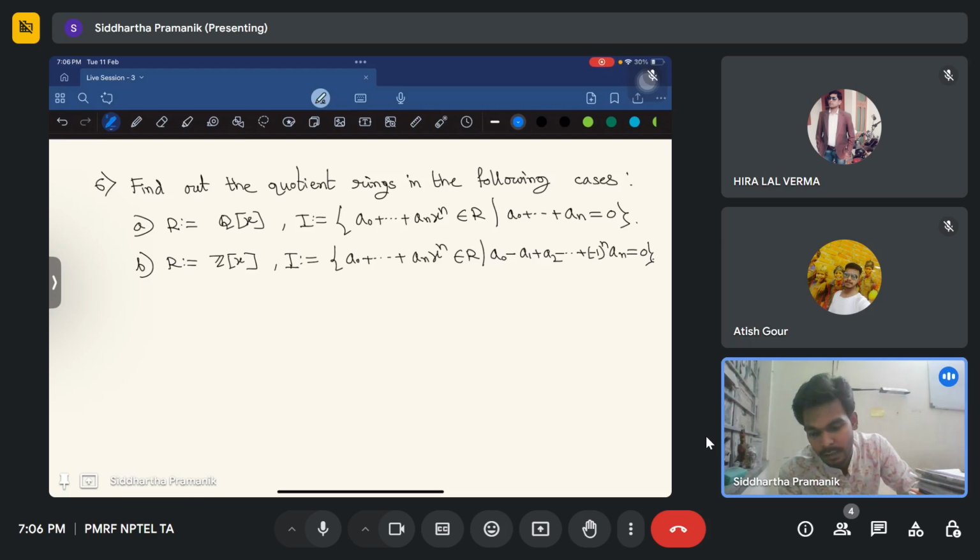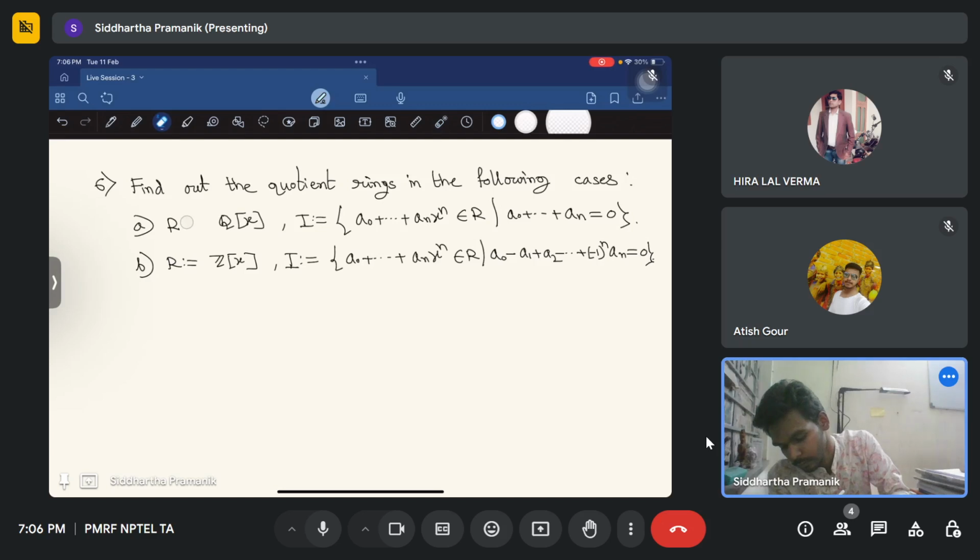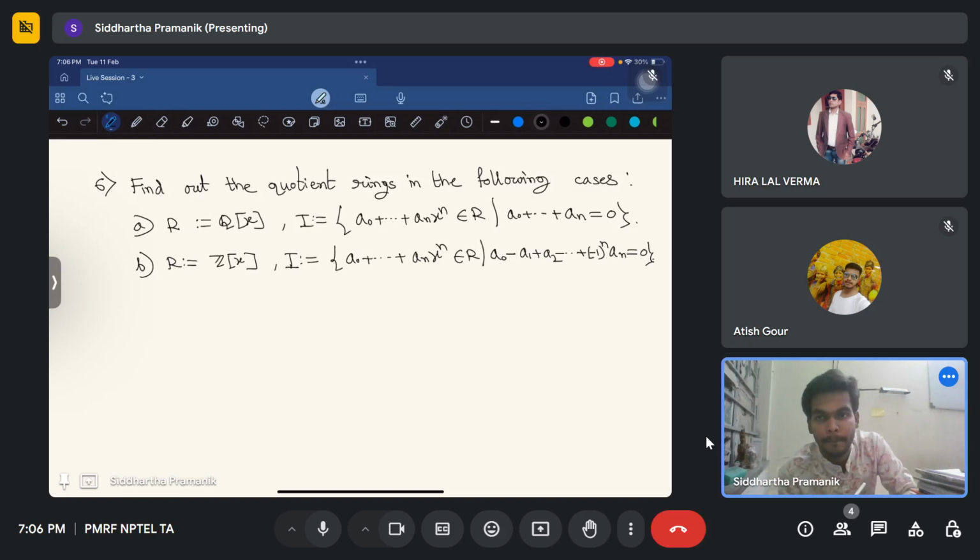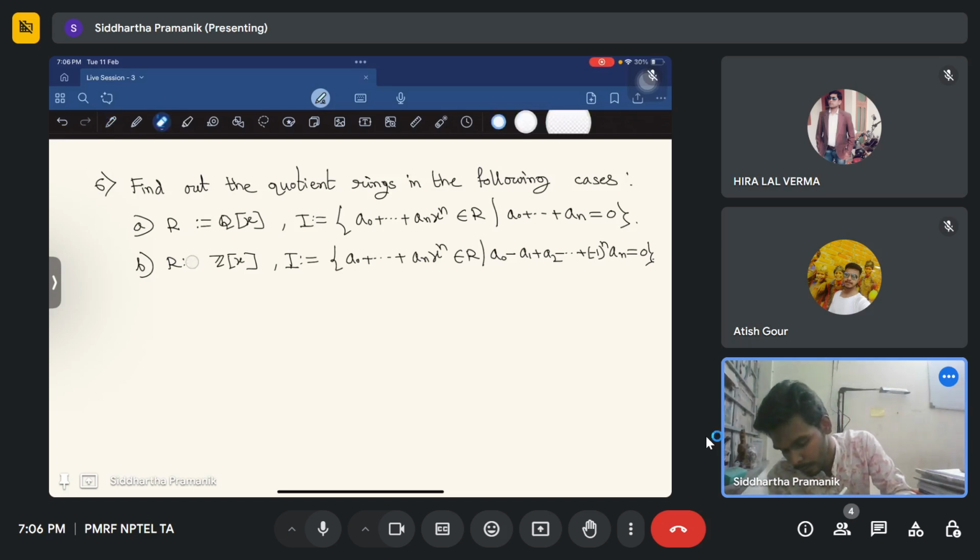Okay, any guesses for the first one or any idea how to do it? Can you guess what will be R mod I in the first case?